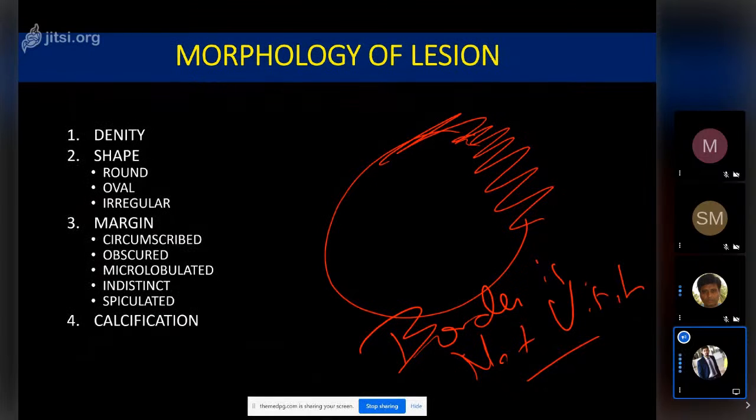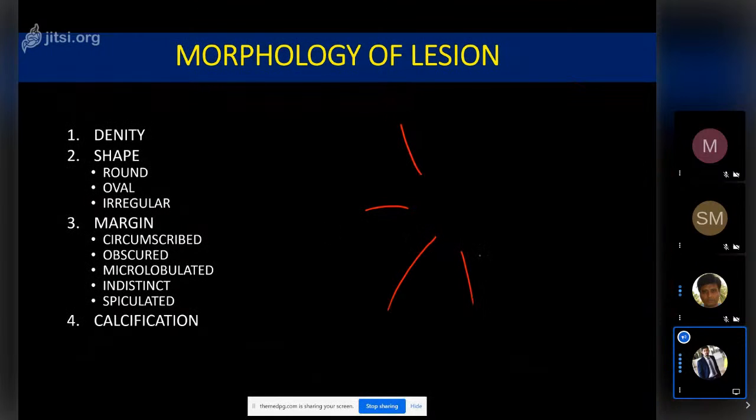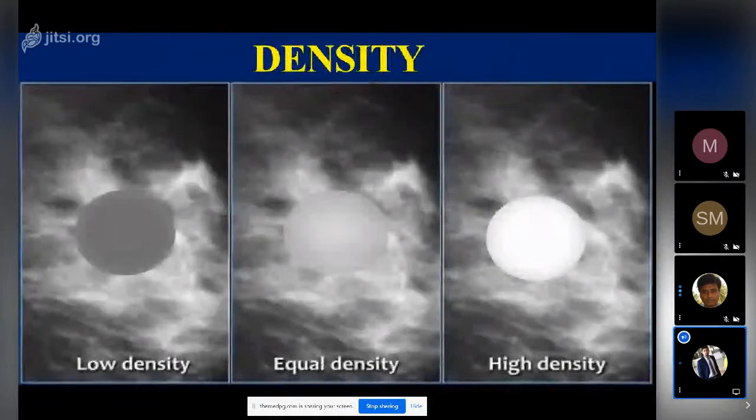And then the third one is if it is spiculated, then it is highly towards malignancy. So if it has a spiculated margin, indistinct margin, or microlobulated margin, think of malignancy. Calcification: if it is any gross calcification, think of benign. If it is fine, minute calcification, it's malignant.